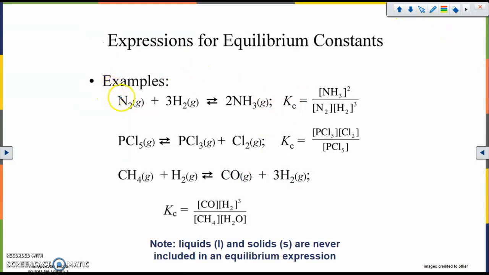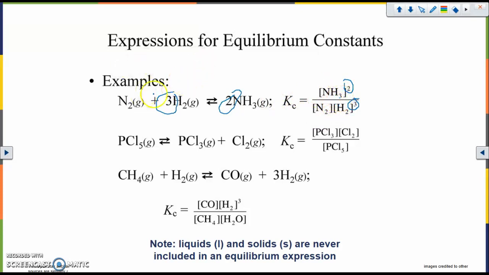Okay, so here are some examples. The reversible reaction involving nitrogen and hydrogen gas that gives you ammonia can be expressed as you can see. Products are on top, reactants are on the bottom. Now, there are exponents. Where do these exponents come from? Folks, those exponents come from the coefficients of the balanced chemical equation.